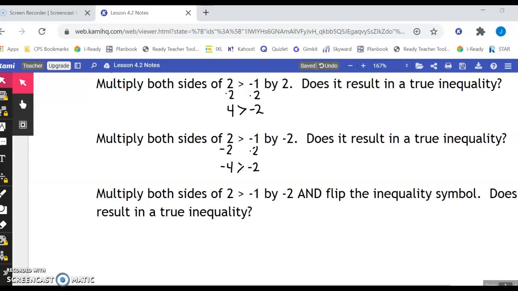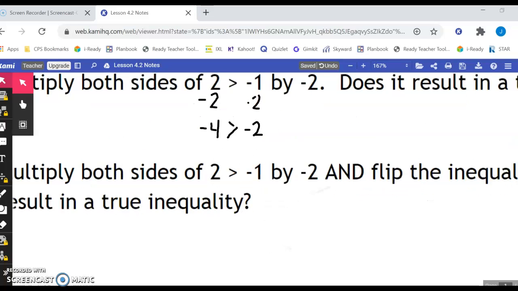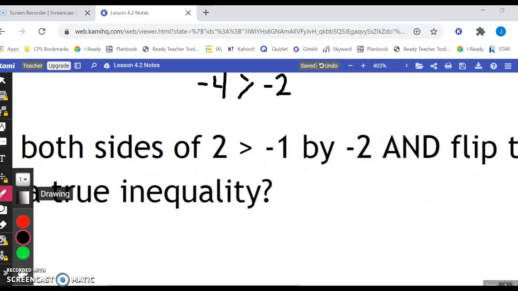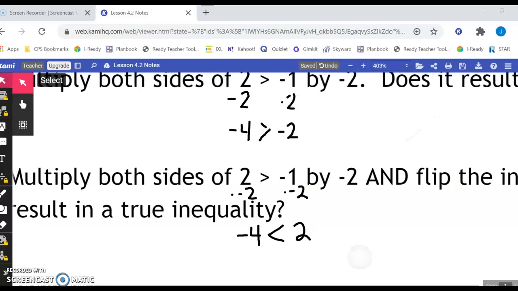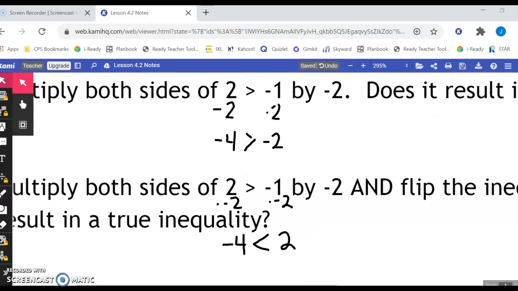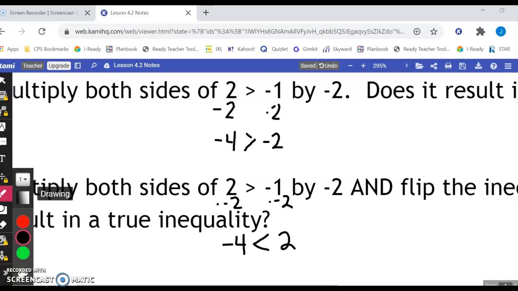So if we multiply both sides by negative 2 and we flip the inequality sign, is it going to be true? So we're going to multiply by negative 2. And we're going to have negative 4, flip that sign, is less than positive 2. And I just realized up here I made a mistake.